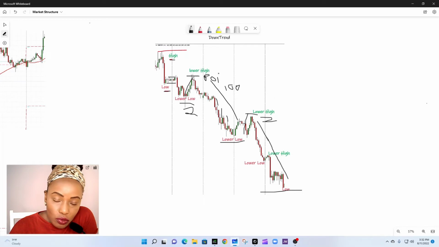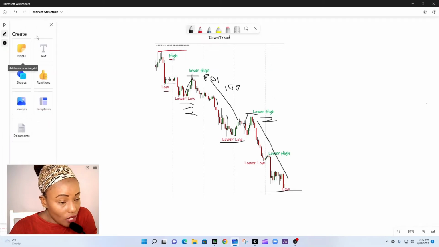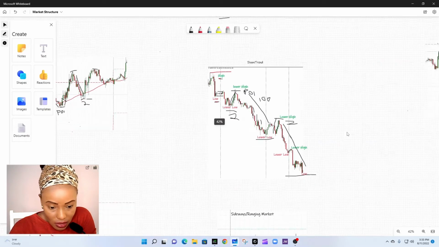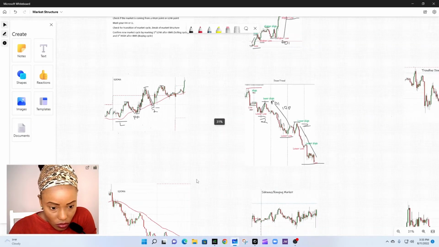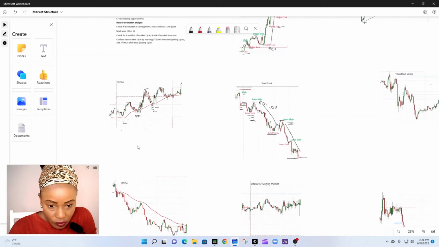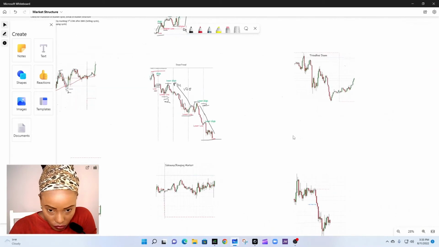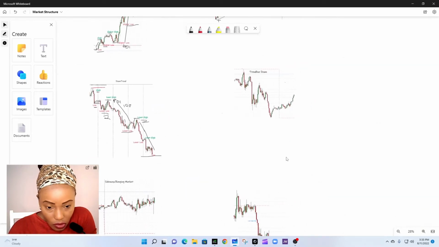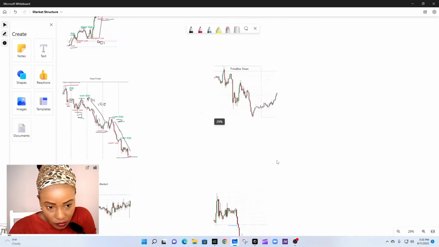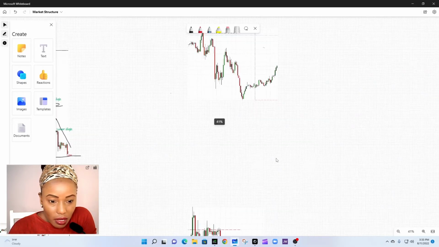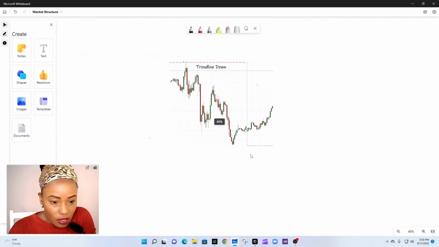Just like the uptrend, you can also use the same principles with the downtrend, where you use a trend line to make your life easy, because you know what you're looking for. You're looking to sell. So with the downtrend, you just draw a trend line. You look for the direction of the market and draw a trend line.